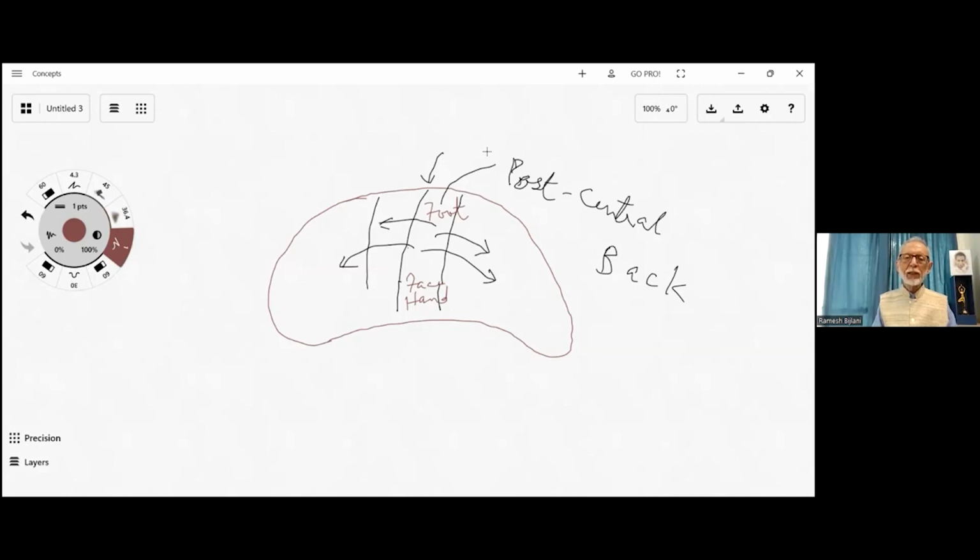They get a much bigger representation, whereas the thighs are not very sensitive and they get a much smaller representation. So the representation here is upside down and it is proportional to the sensitivity of that structure, or you can say that the sensitivity is there because it gets a bigger representation here, and therefore we become more sensitive to a stimulus applied here.